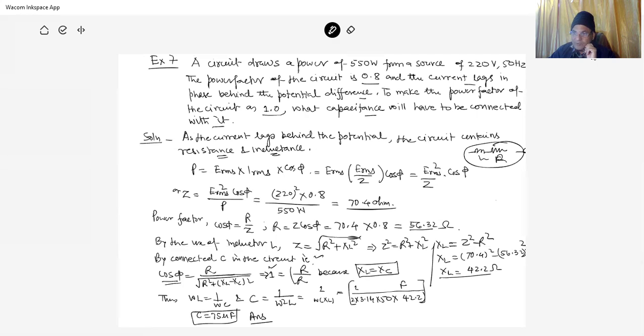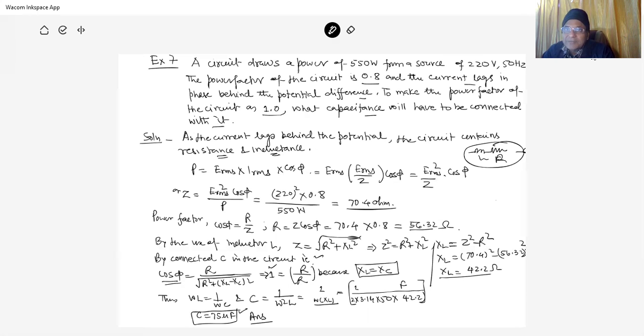So this is possible. This R over R is 1. Thus, omega L is equal to 1 by omega C. So C is equal to 1 upon omega square L. So this is 50 hertz, 2 into 3.14 into 50 into 42.2, this is the impedance of L. On solving this value, we get C as 75 microfarad.